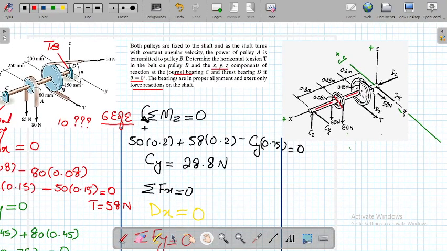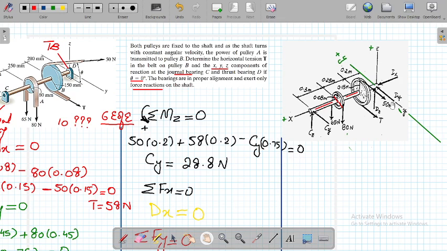You can see this 50 Newton force is along the y-axis, this T Newton force is along the y-axis. But you have to make the sense very clear. This is minus y, that is plus y. And what about the other force along the y-axis? It is this Cy force, and the unknown dy.